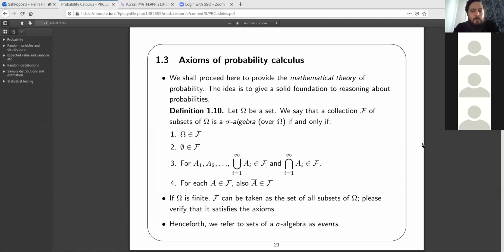Now we start with some set of points, and think of this omega as the set of sample points. These are the possible outcomes of your random variable. And this sigma algebra is like a collection of subsets. Why do we need this?